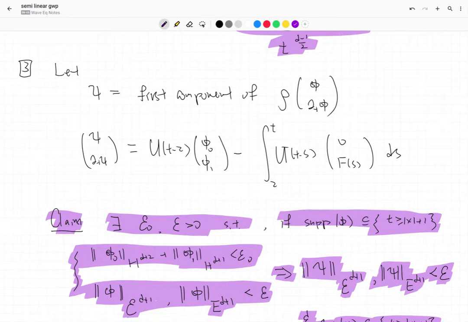I'm going to assume that phi itself is in this nice E d plus 1 and curly E d plus 1, where it's curly E and regular E. We apply rho to this, which gives a vector output, and I want to denote by psi the first component of it. So psi and dt psi are precisely the solution to this system here.